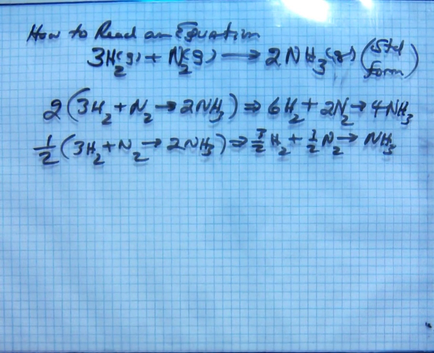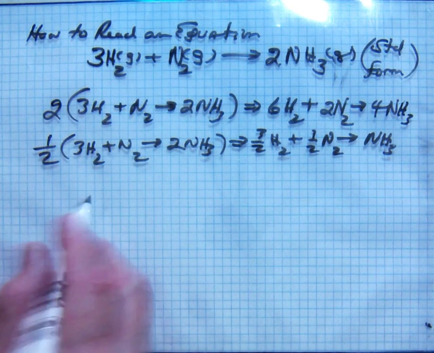So reading the equation says that the elements in that equation react in very, very specific ratios. And what did I just say? They react in very specific ratios. The standard equation up there is always 3 parts to 1 part to yield 2 parts.